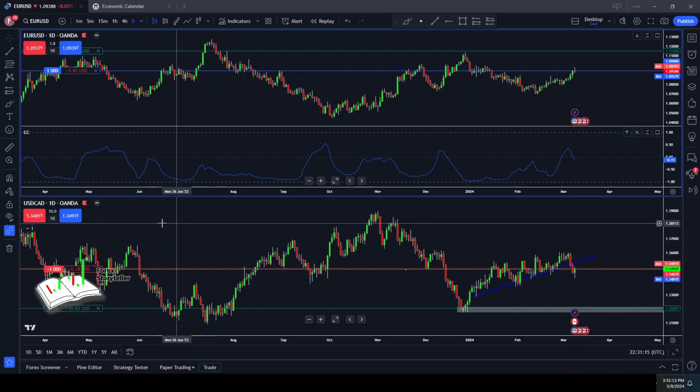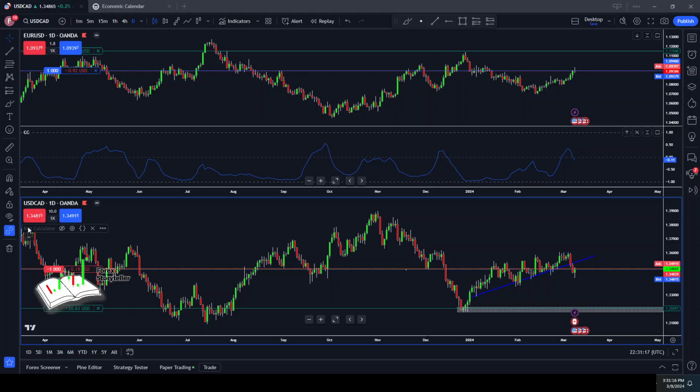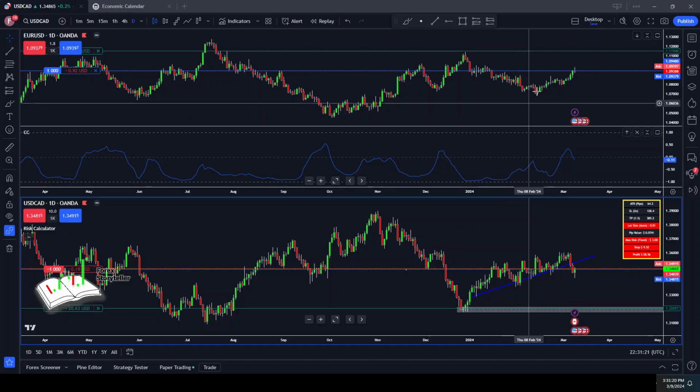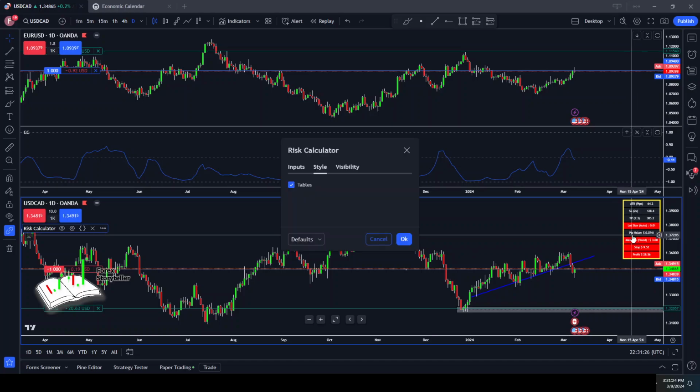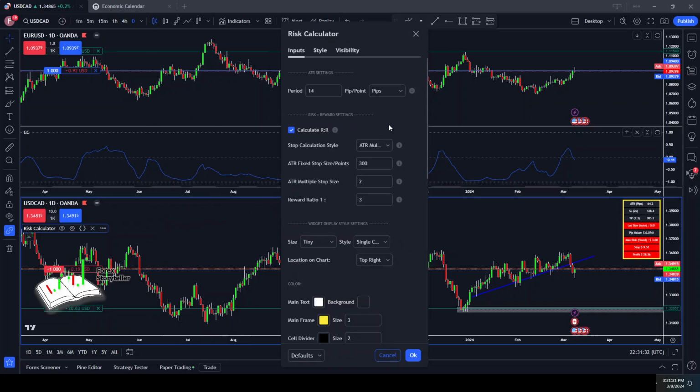One way you could plan this ahead of time, if you don't have a clear target that's evenly matched, and you need to work out your size, you could add what's labeled the Scalper's Toolkit on my profile, and load this up as a risk calculator.